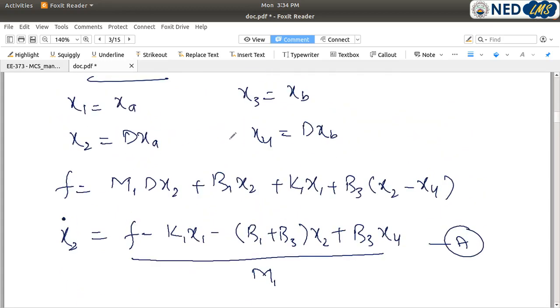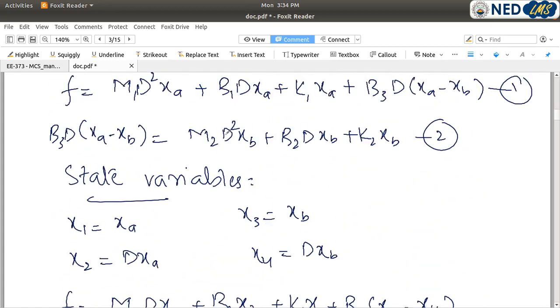I can write the third state equation by putting the substitution in equation number 2.